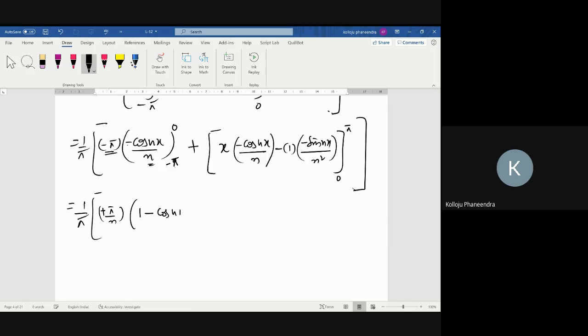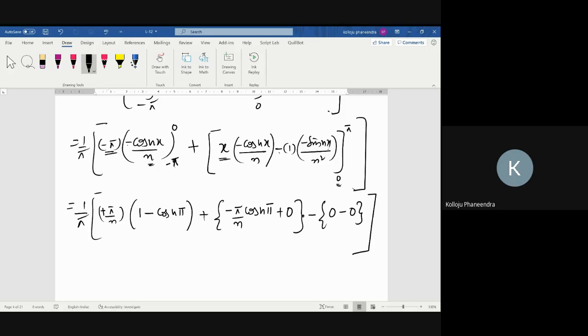I will write cos n pi. Okay, this is over. Plus, coming to this upper limit pi, minus, in place of x, pi by n cos n pi, minus into minus plus sine n pi, value 0. Sine n pi value is 0. So 0 minus lower limit: 0 into 0 and sine 0 is 0. So this entire bracket is closed.